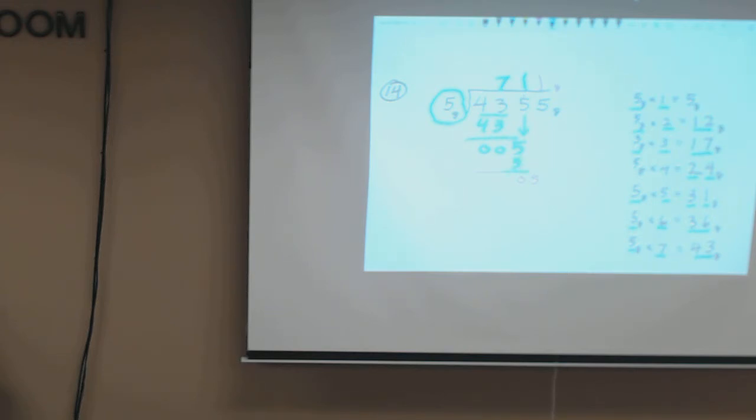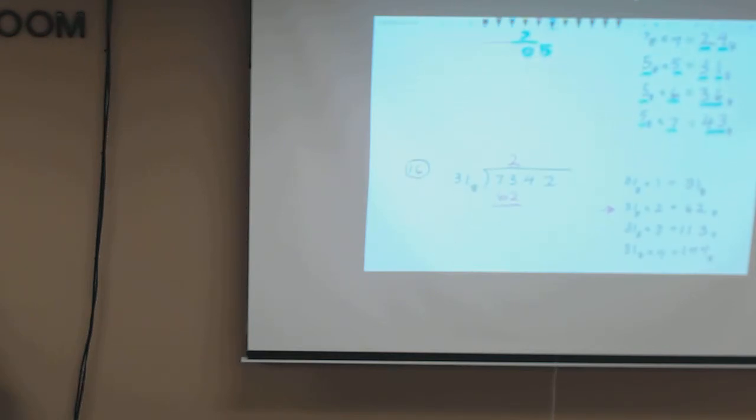Draw a line, 0, bring down the other 5. And 5 goes into 5 one time. So 4355 in base 8 divided by 5 in base 8 is 711 in base 8. Is that kind of cool?